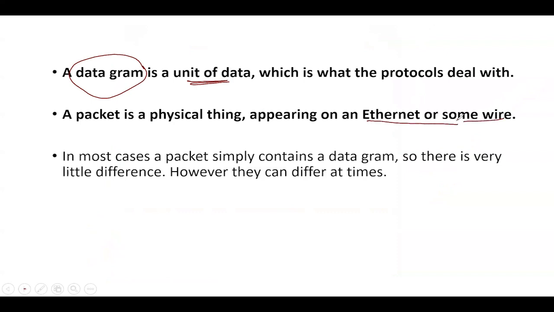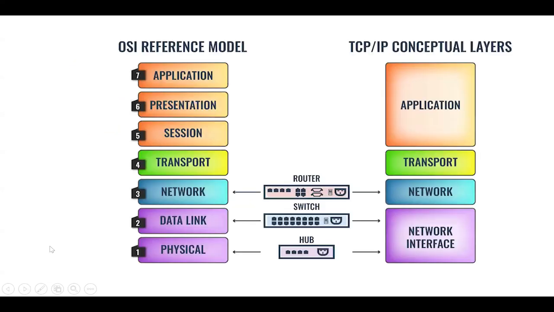It is a physical thing which is getting transferred through the wire. In most cases, a packet simply contains a datagram. There is very little difference, however, they can differ at times. So you should remember the difference between a datagram and a packet.